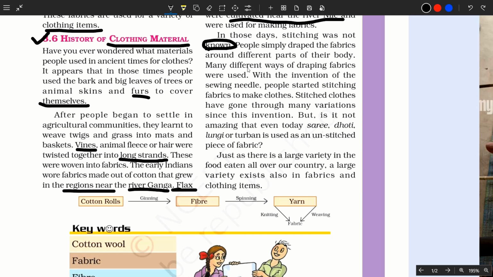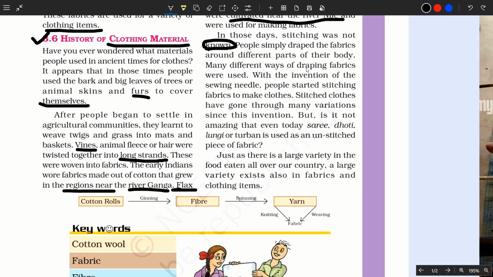They used to simply wrap the cloth around the body, because they did not know about saris, churidars, pants or t-shirts. They used to just take a cloth and wrap it around their body.